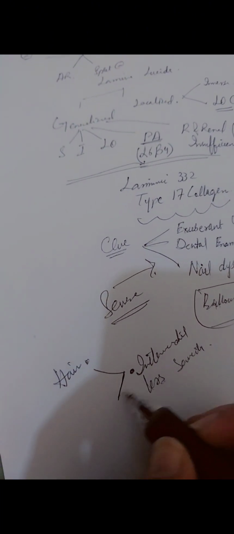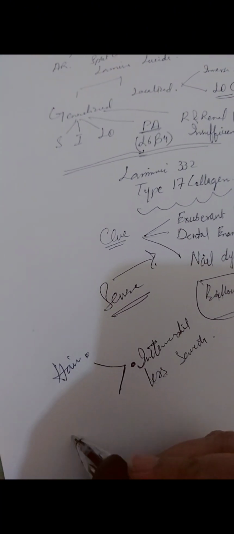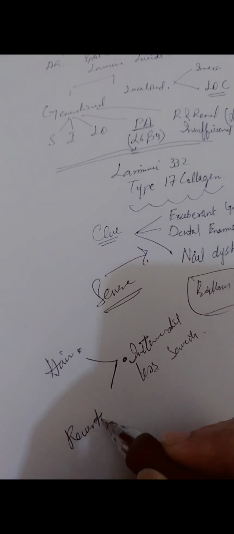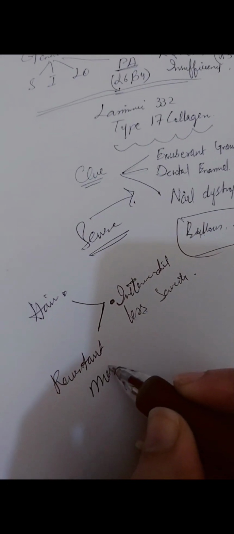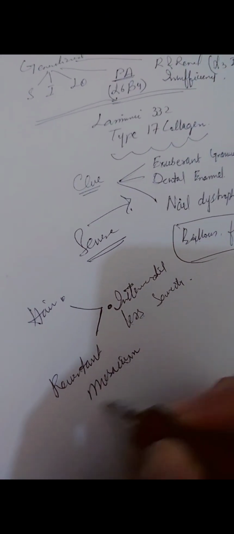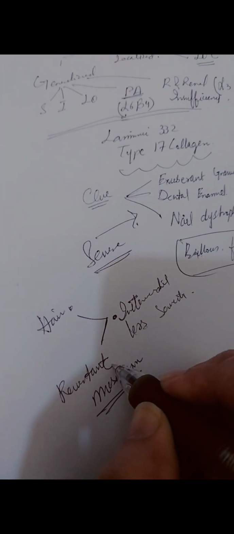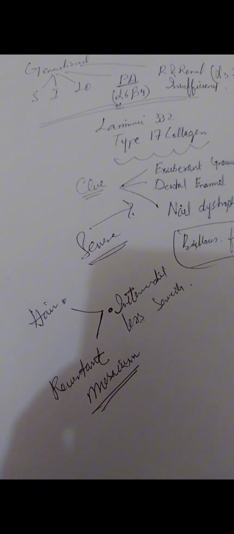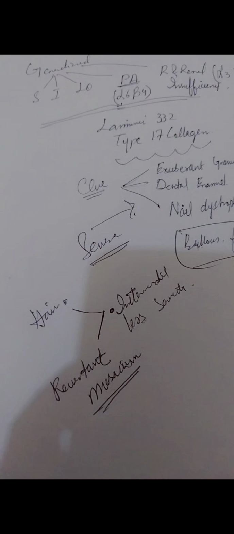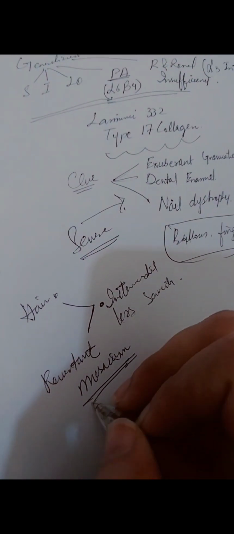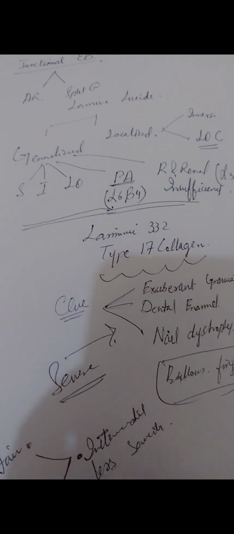The second important clue for intermediate EB is revertant mosaicism, meaning some areas of the skin will be free of blisters, and in pale individuals there may be hyperpigmentation in those areas. So this is the overview of junctional EB.